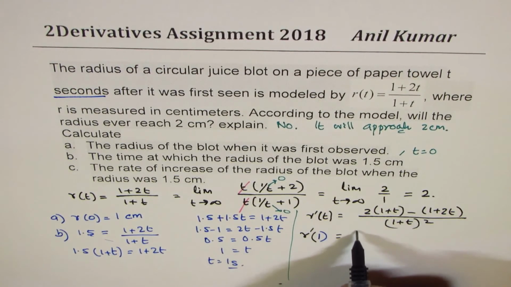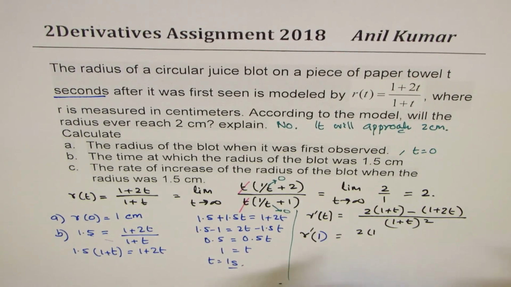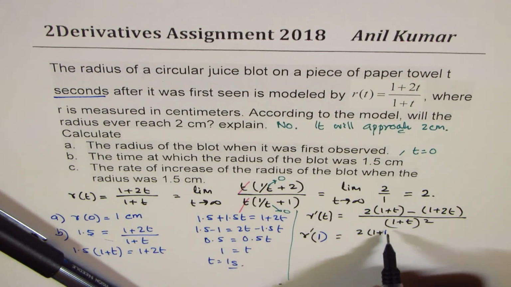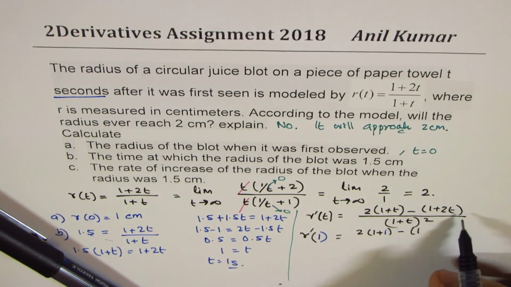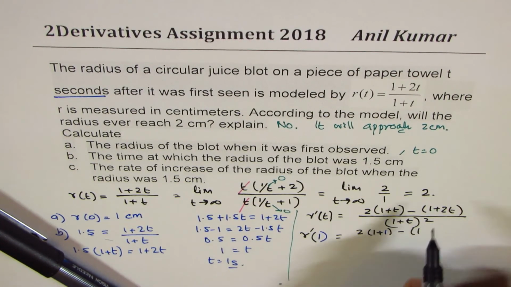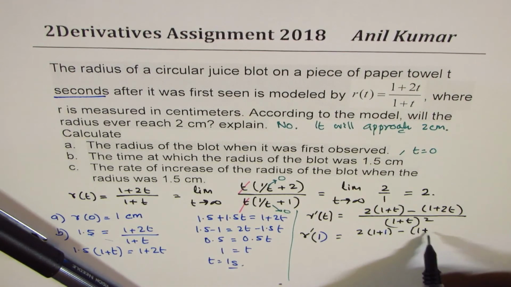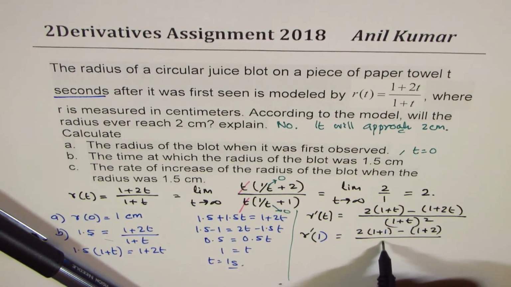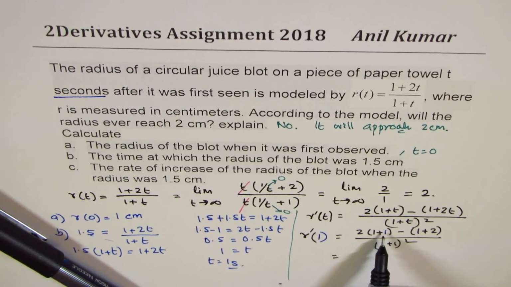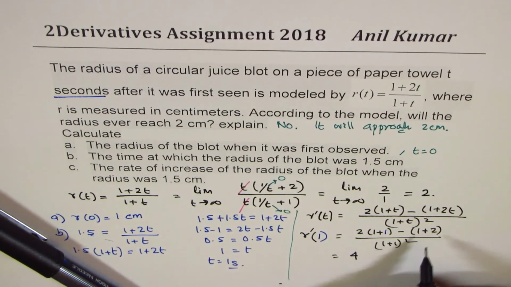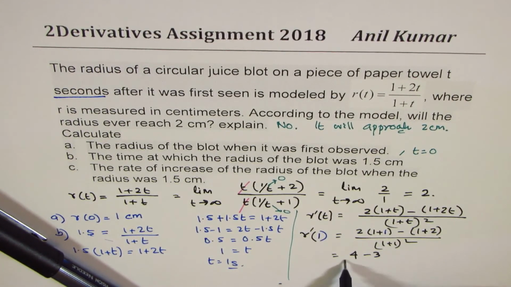We have 2 times (1 plus 1), which is 2 times 2, so 4. Minus (1 plus 2), which is 3, over (1 plus 1) squared, which is 2 squared, which is 4.